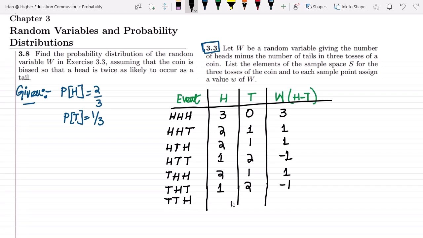Tail, heads, heads: 2 heads, 1 tail, so 2 minus 1 is 1 again. Tail, heads, tail: 1 head, 2 tails, so 1 minus 2 is minus 1. Tail, tail, heads: again 1 head, 2 tails, so minus 1.